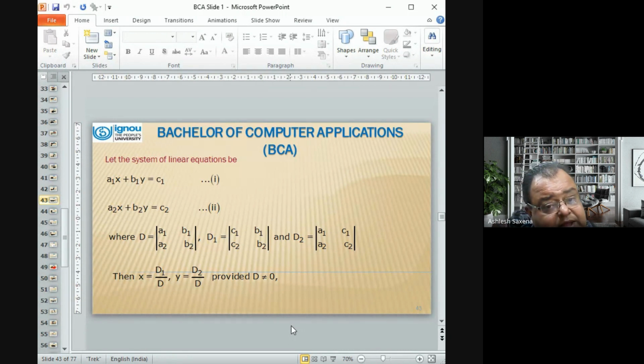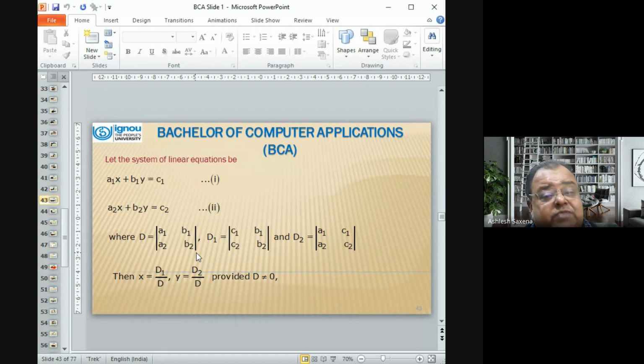But remember one thing, this can only be done when D is not equal to 0. Now your question arises, what is D? D is this matrix, the coefficients of the two equations. That means the coefficients of the two variables in the same order.